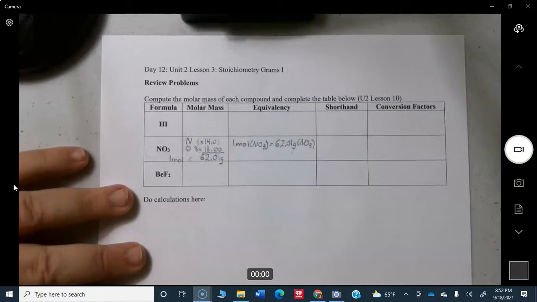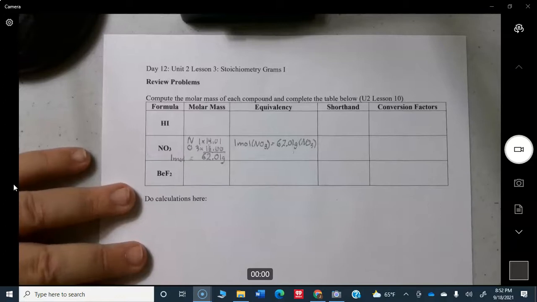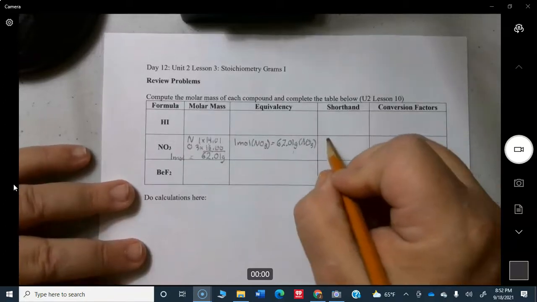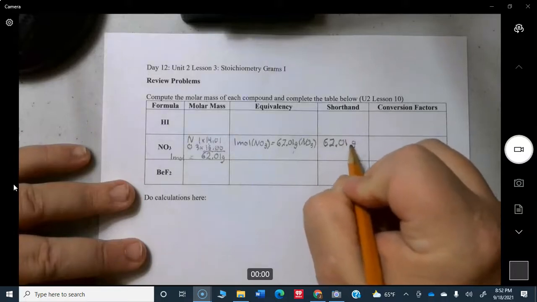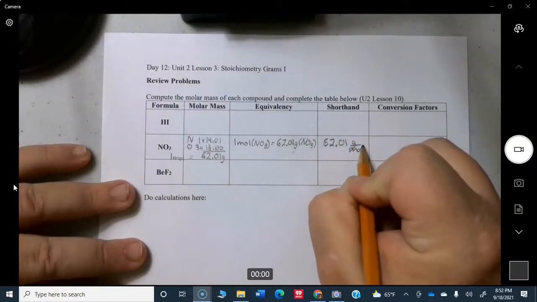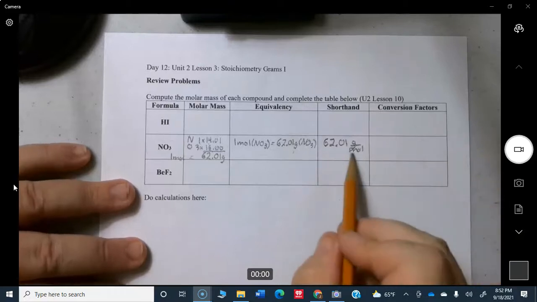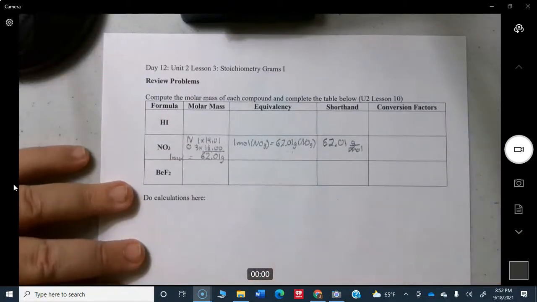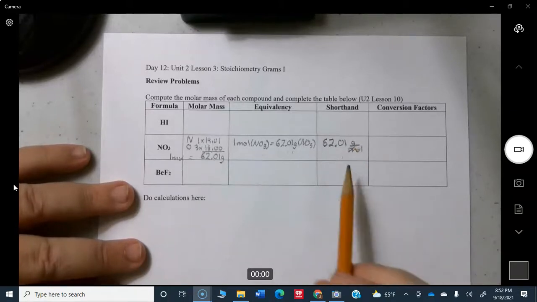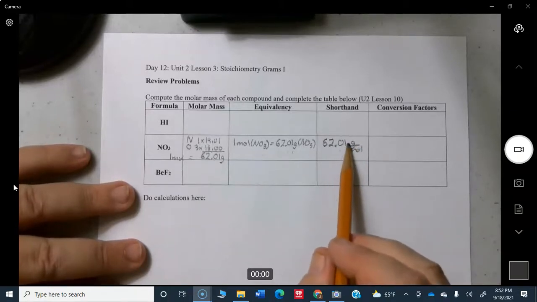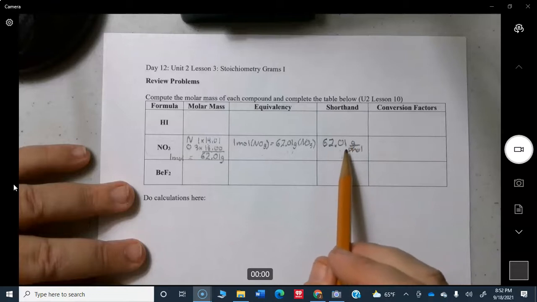The shorthand, the way that you would see it in a problem, is 62.01 grams per mole. So be used to seeing it that way and know that you can turn that into an equivalency like that. There's an implied 1 on the bottom, so 62.01 grams per every 1 mole.